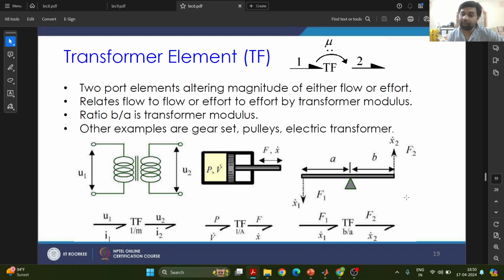If you look at the third example here for the transformer element, we have the same beam example where x1 dot is down and x2 dot is above. Here the transformer modulus is positive, b by a.